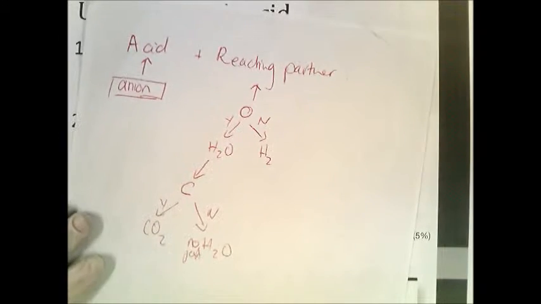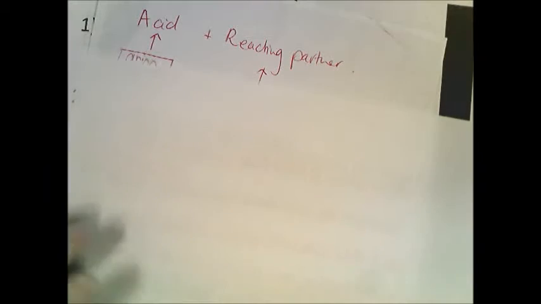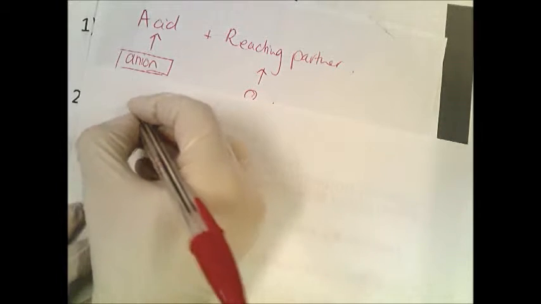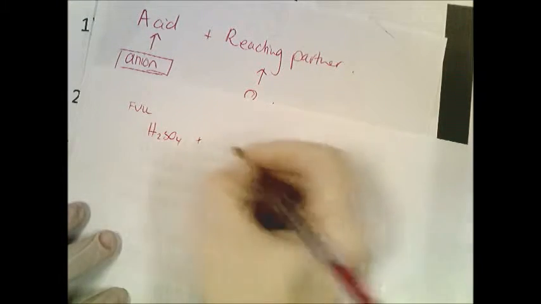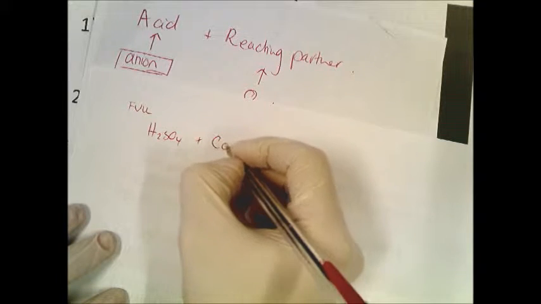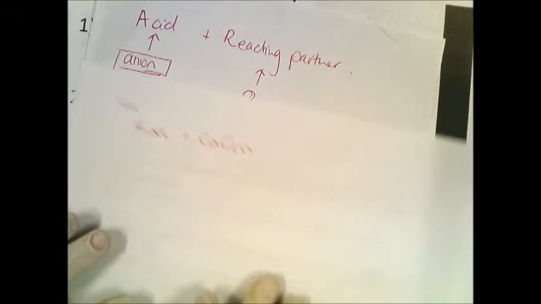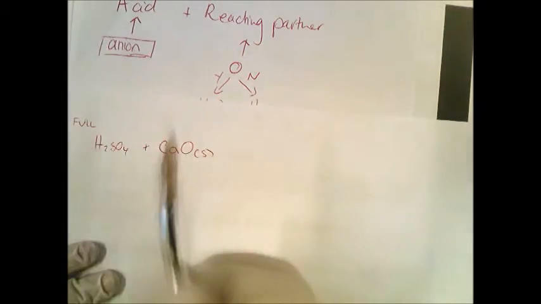For example, we'll actually do it on the back of this. Okay, for example, we have H2SO4, we'll do the full equation, plus, let's do calcium oxide because I've already closed that. Okay, so you look at your acid. It gives you an anion of the salt.